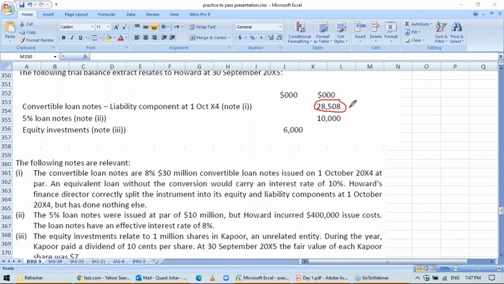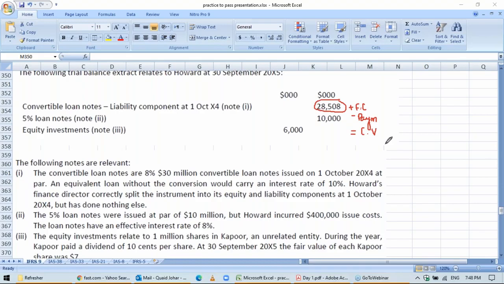Now what you have to do is add the financial charges to this at effective rate, and deduct the payments which you have made as we record the liabilities. We will record the payment and arrive at the carrying value, which will be reported in the financial statements on 30th September 2005.